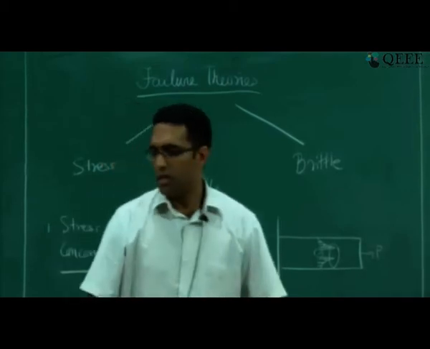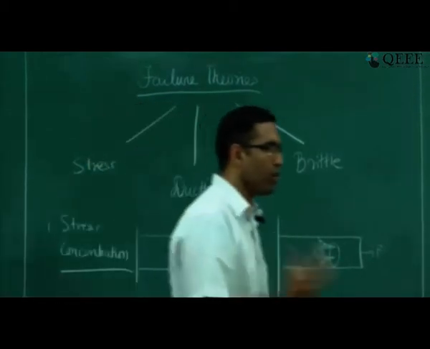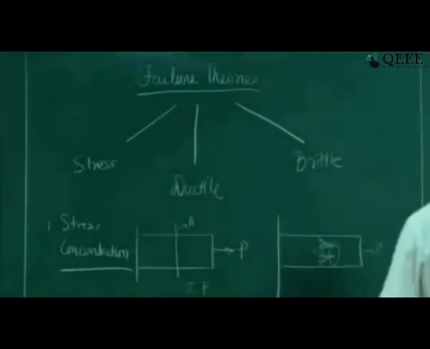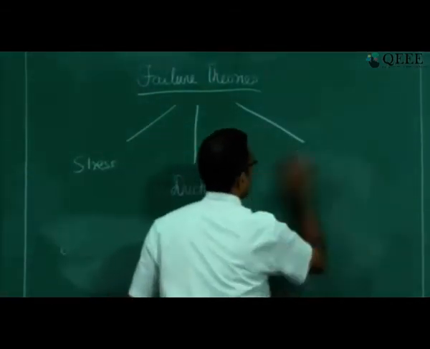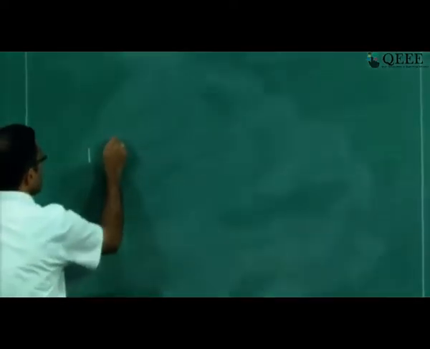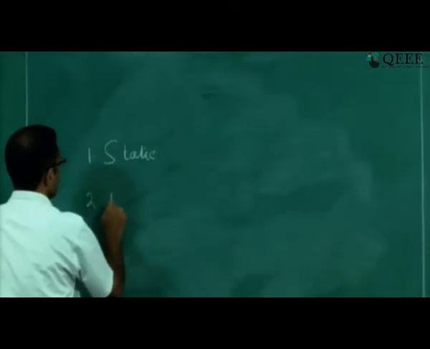So either of these two problems can be handled by some of the theories that we are going to talk about. The kinds of loads that are generally important to us whenever we do failure analysis are of two types. We have to know whether the load is static or whether the load is dynamic.